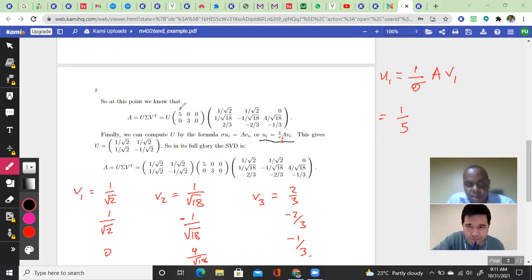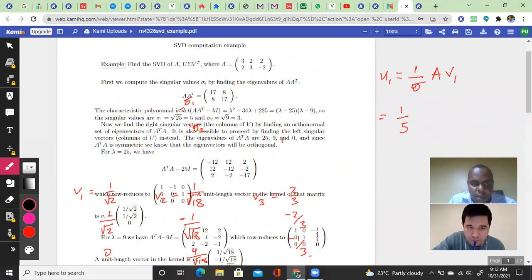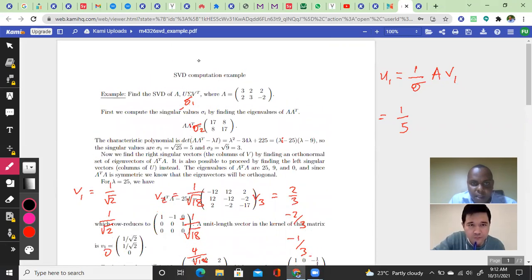You can see we have a first value there and another one, right? So we are going to do 1 over 5, and then matrix A. Matrix A is given there. Let me write it. A equals 3, 2, 2, 2, 3, negative 2.